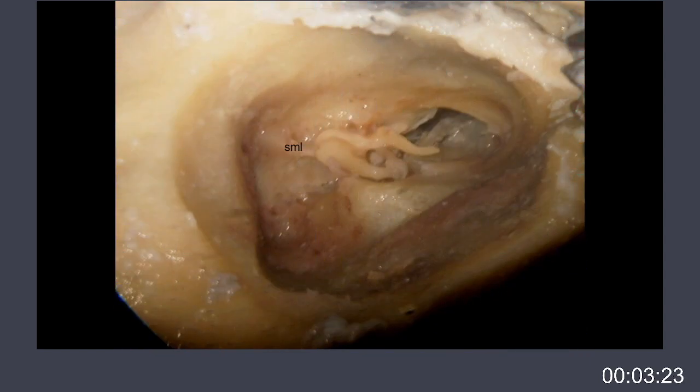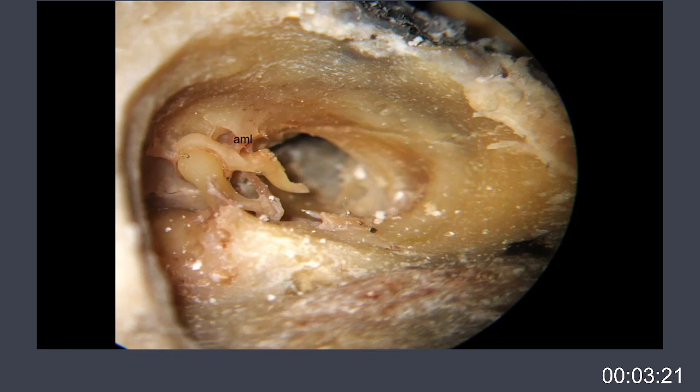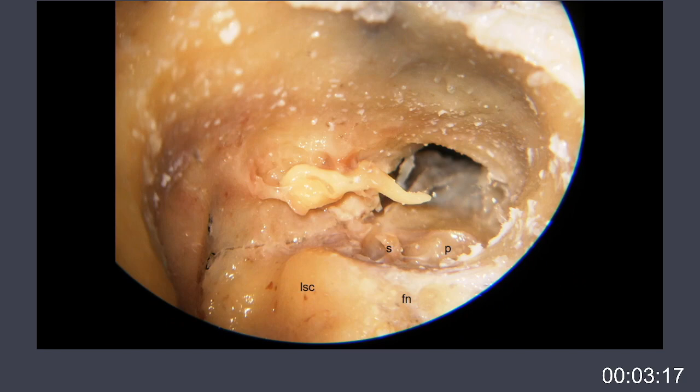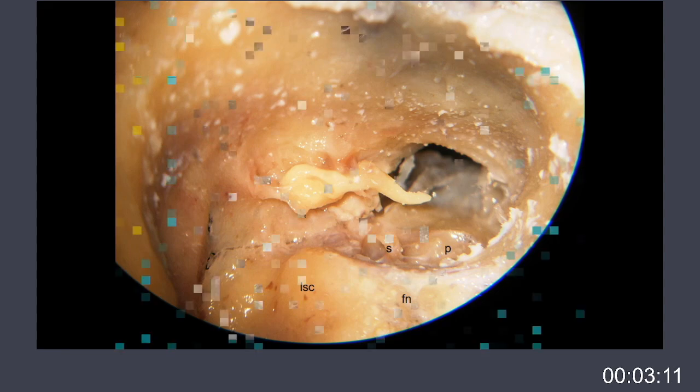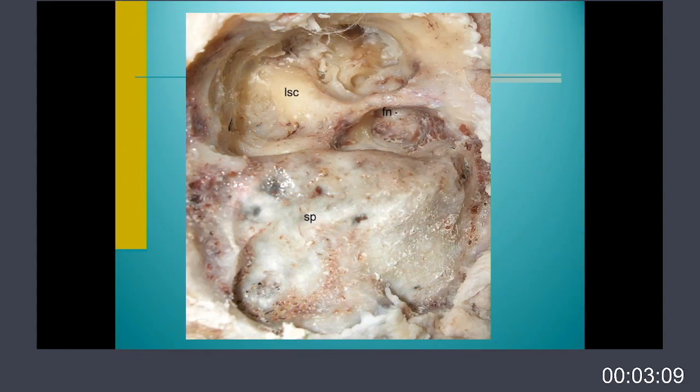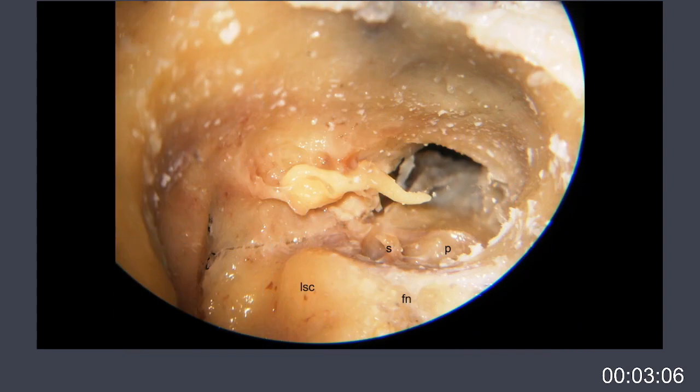So this is another bone. In this, I had removed the incus, and we can see the malleus anteriorly and the stapes posteriorly.